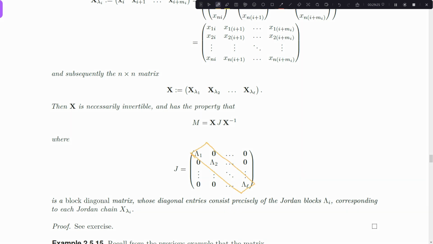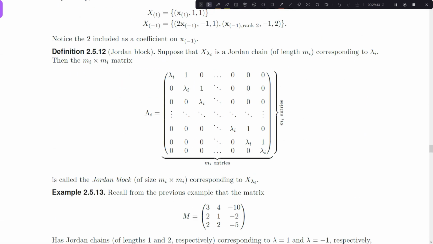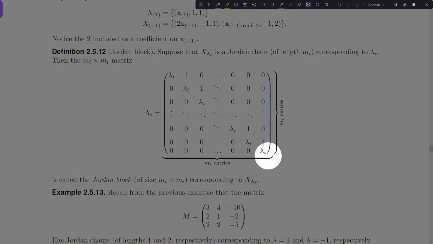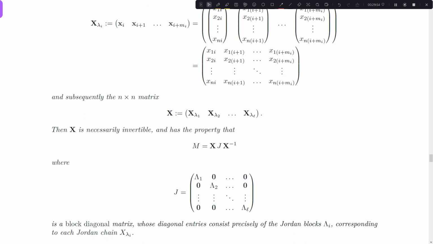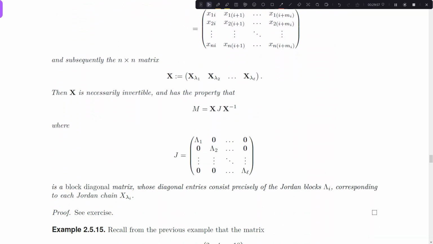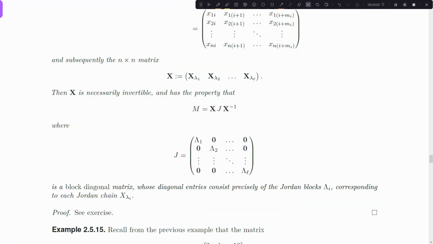It's diagonal in blocks. So if I restrict to the Jordan blocks, which I defined earlier, right? If I restrict to these Jordan blocks, each of the lambda i's are almost diagonal. Every single one of these is so close to being diagonal, but not quite. Then what I end up with is J being almost diagonal, but not quite.